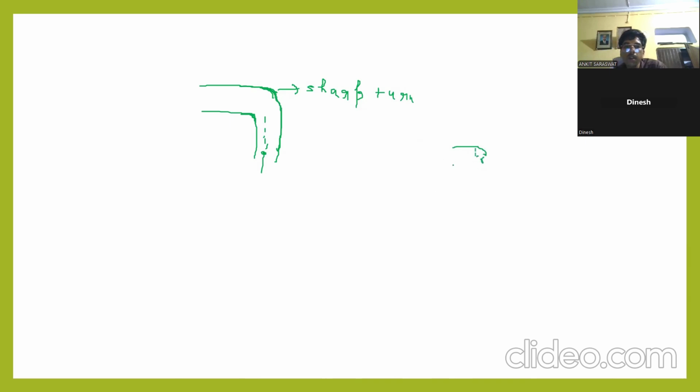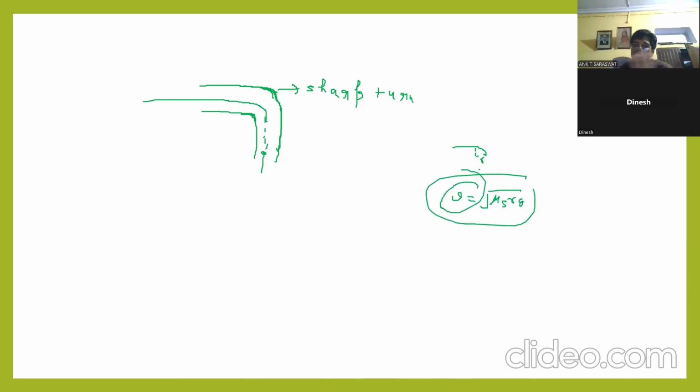Clear? If you want to move here, then you need to move very, very slowly, because here radius is very less. Then V should be very, very less. If it's a sharp turn, you should move your vehicle very, very slowly. Otherwise, you will definitely meet with an accident. Clear?